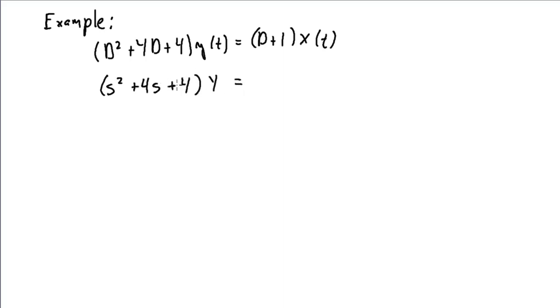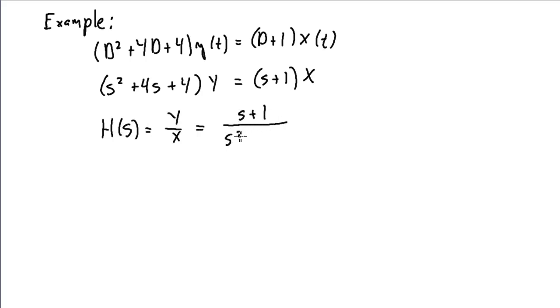Again, this is all done for the zero state response, so all the initial conditions are 0, and with capital Y and capital X, I can get the system transfer function, which is Y over X. That's going to be (s + 1) over (s squared + 4s + 4).